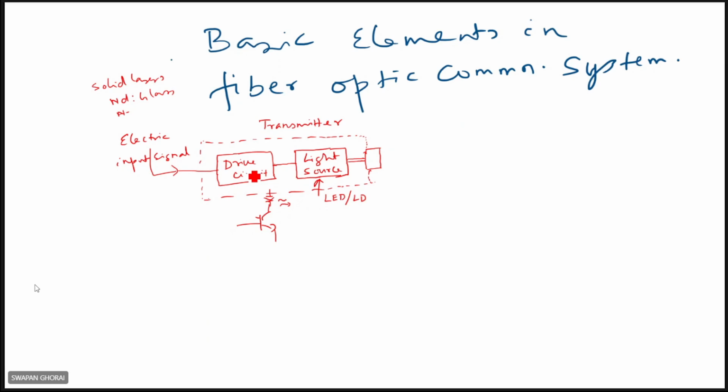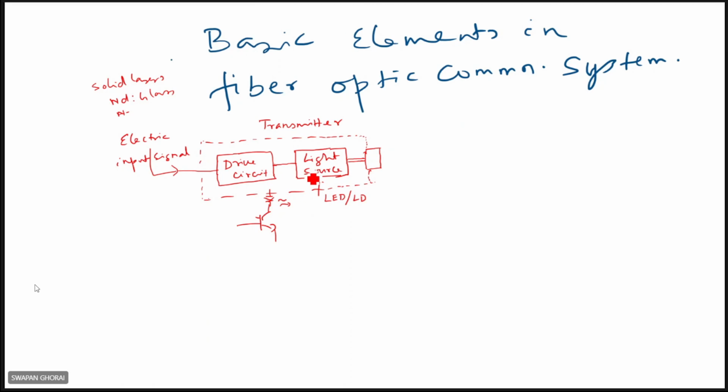That's the function of the drive circuit. Directly the electric signal is not applied to the source. It is applied to the electrical circuit, like in the base emitter region, your signal is applied, and next it is used to modulate the output of the optical sources. Right. So that is the function of the drive circuit.